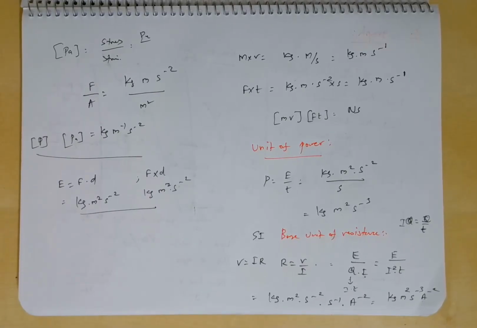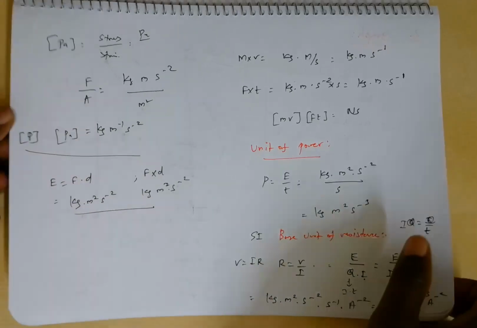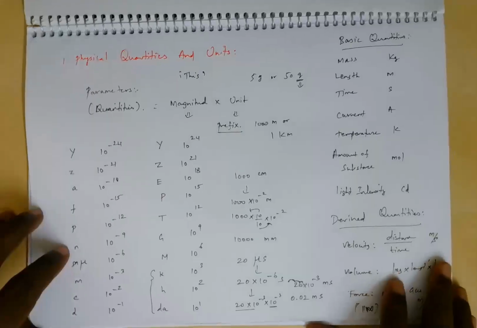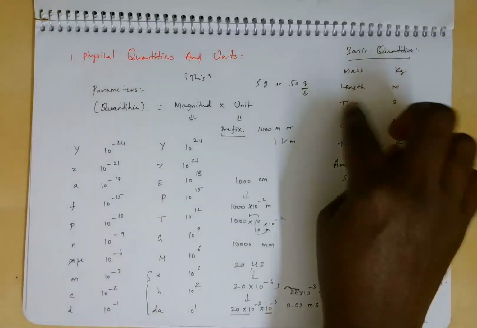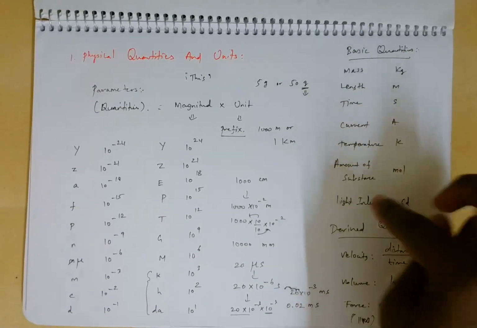So only 7 base units are there. I think we have all the 7 base units, right? These are the base units: mass, length, time, current, temperature, amount of substance, and light intensity.